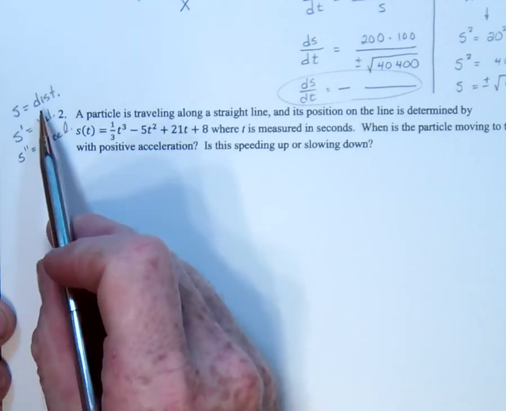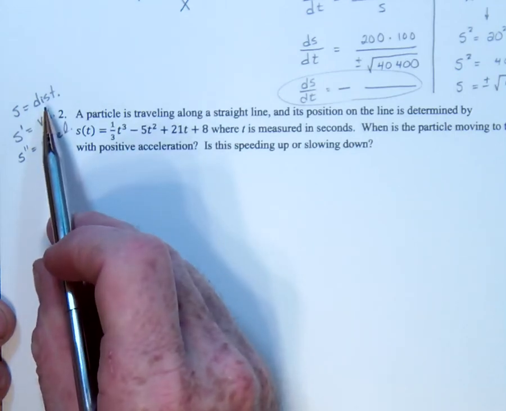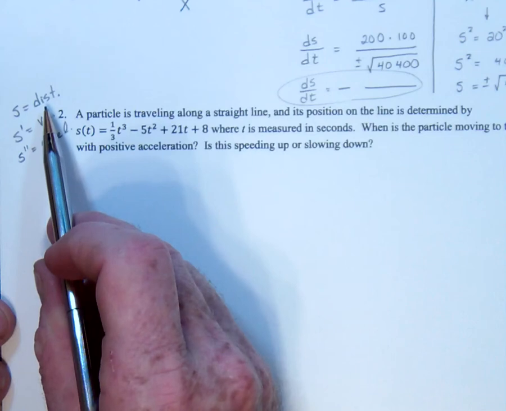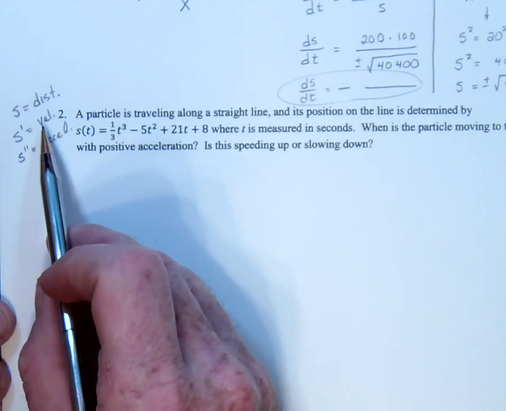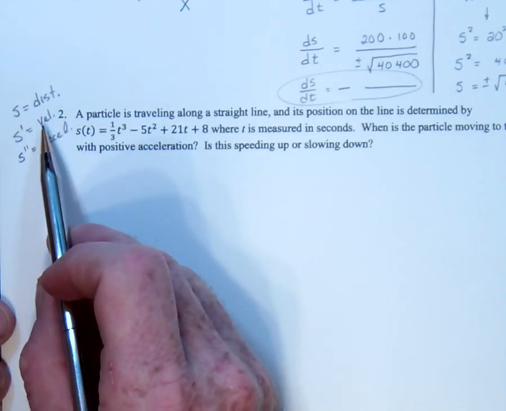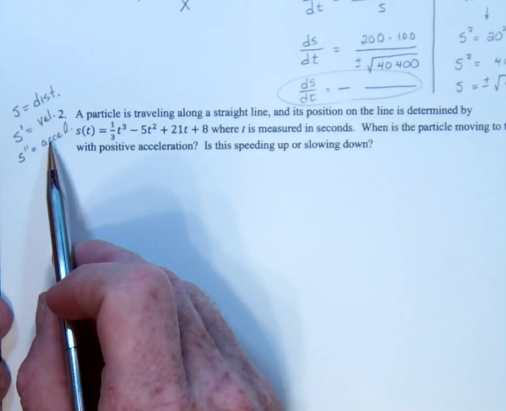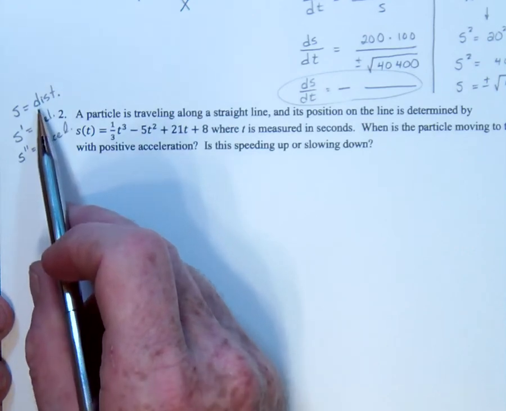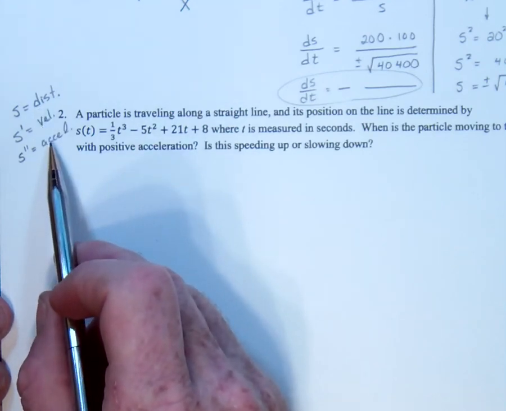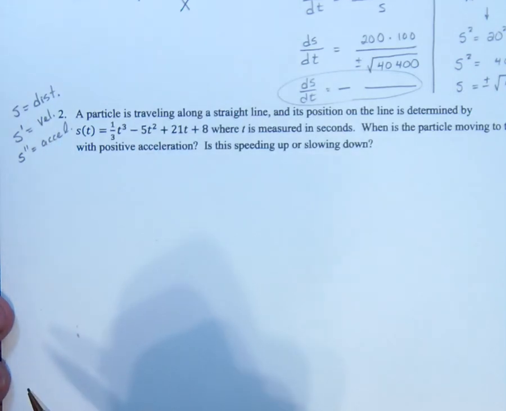So if you were talking about a car, s would be how far did you drive? 20 miles. S prime would be how fast did you drive? 60 miles an hour. And the second derivative would be your acceleration. So as you went from 40 miles an hour to 60 miles an hour, you accelerated by 20 miles an hour. So distance, velocity, acceleration. It's used throughout calculus over and over again, so you definitely need to know that.